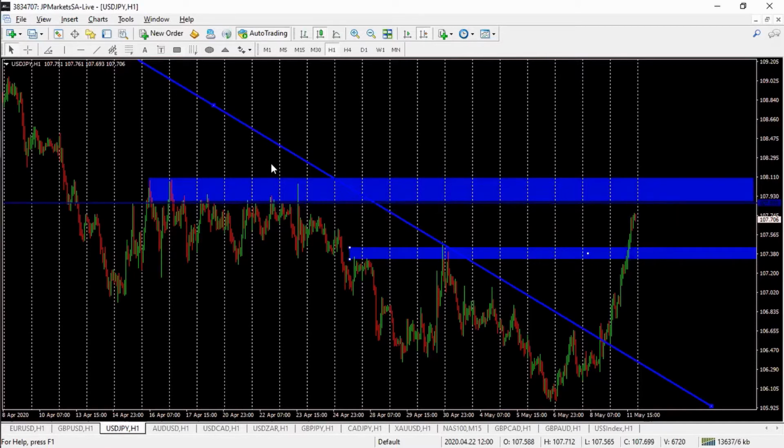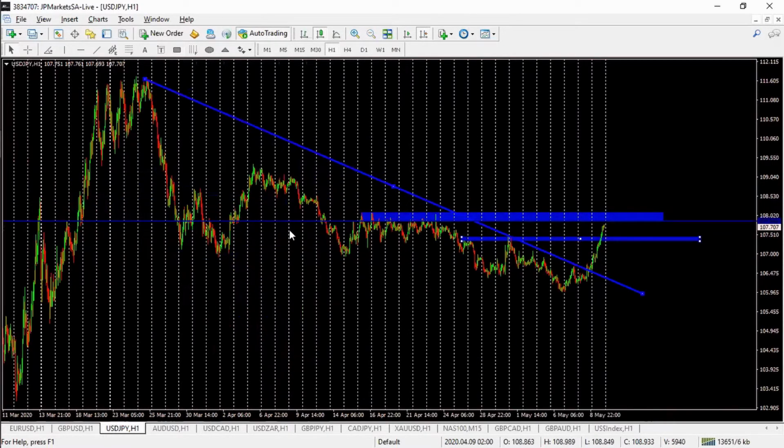But on a higher time frame, it's showing that this thing might continue going up. But this trend line indicates that this is a downtrend, and it's not really advisable to go against the trend.